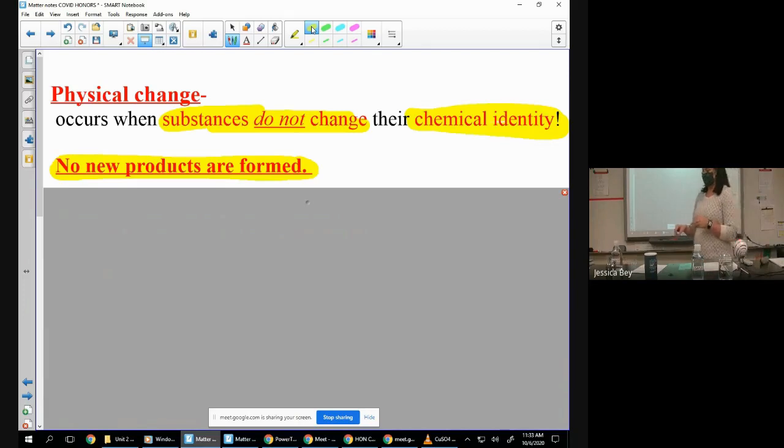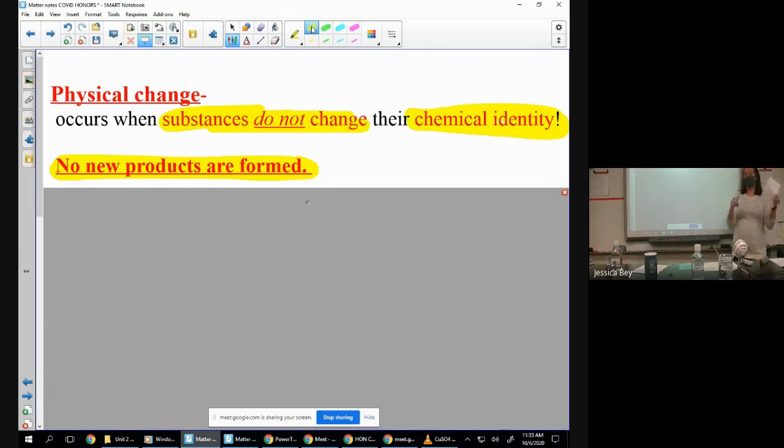I have a piece of paper here. What is something I can do to this to make it undergo a physical change? Fold it. What else can you do with it? Rip it. What else? You crumple it up. I could color on it. I could do whatever. But when I do these things, is this not paper anymore? Like this is now a monkey and this is dirt? No, it's still paper.